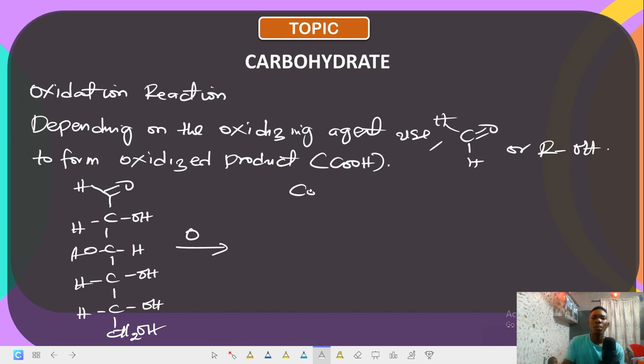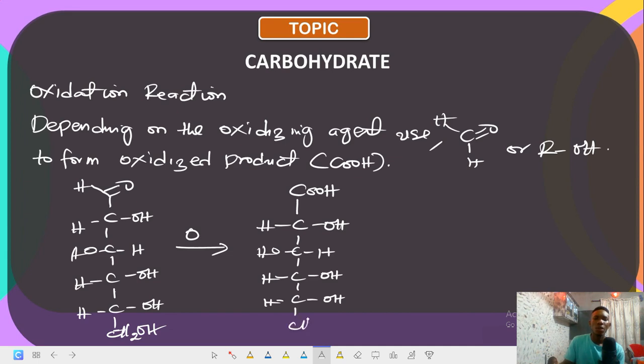Let's say the aldehyde group is oxidized, that means this up is oxidized. It will form this, because when that group is oxidized and the group under is protected, it will form the following. Now this it formed is called gluconic acid.